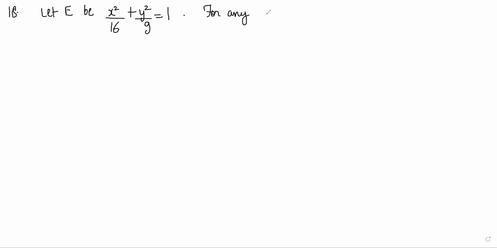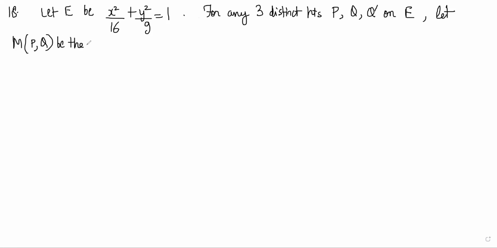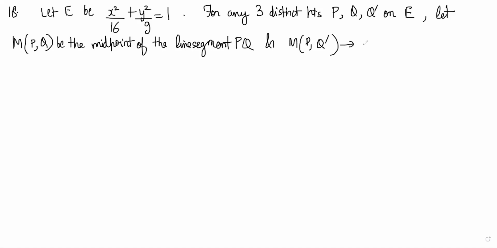For any three distinct points P, Q, Q dash on E, let M_PQ be the midpoint of the line segment PQ, and M_PQ dash is the midpoint of segment PQ dash.